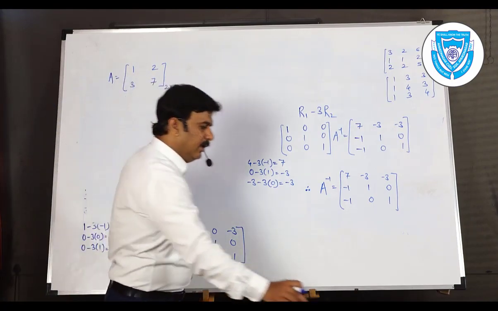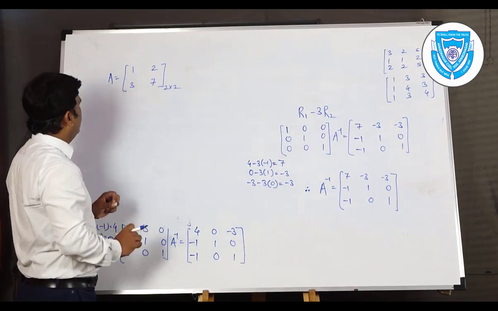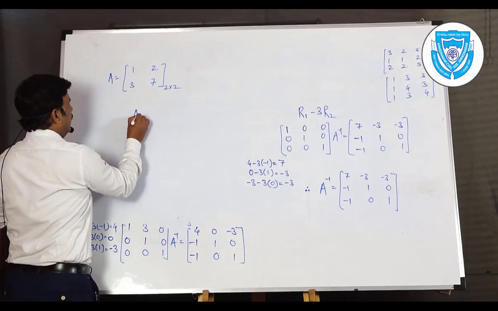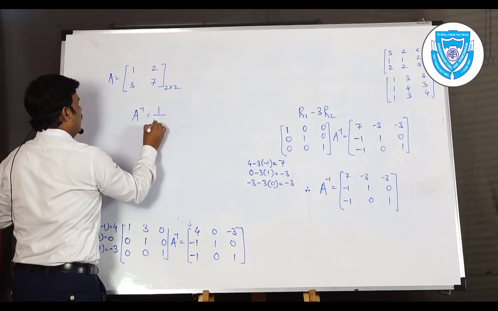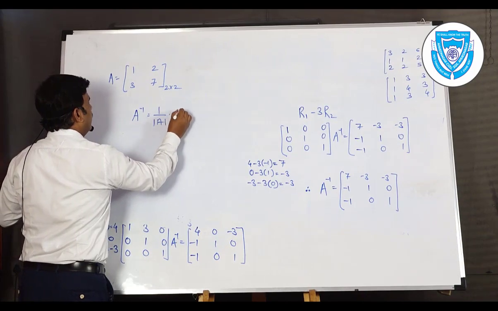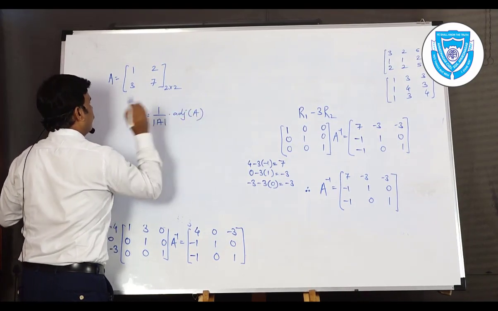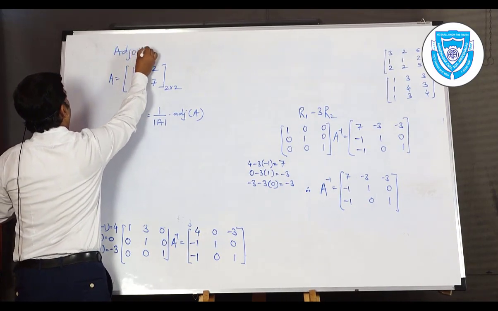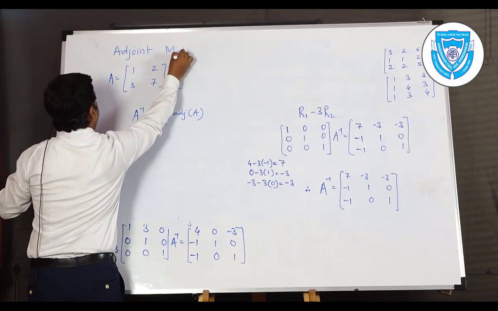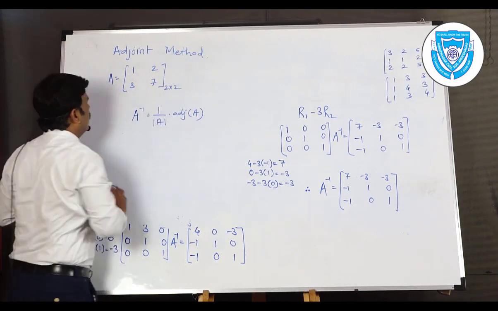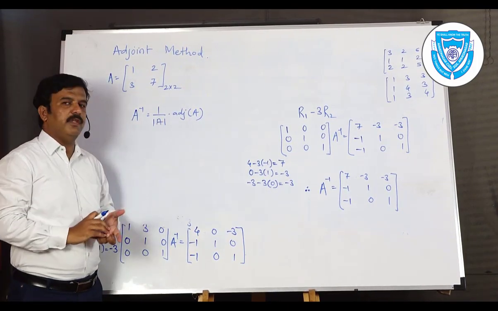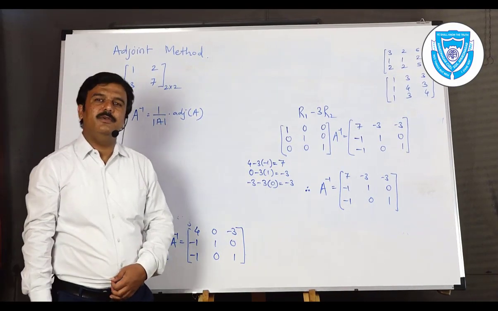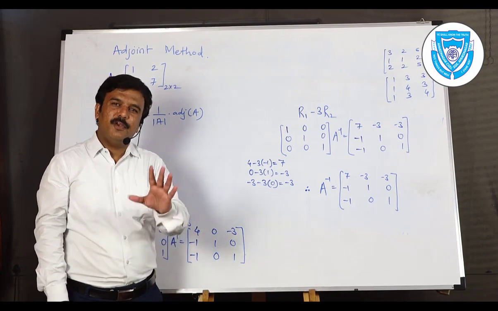The method is very simple. The formula to find the inverse of the matrix using the adjoint method is as follows: A inverse is equal to 1 upon determinant of A into adjoint of A. Now the formula is very simple.